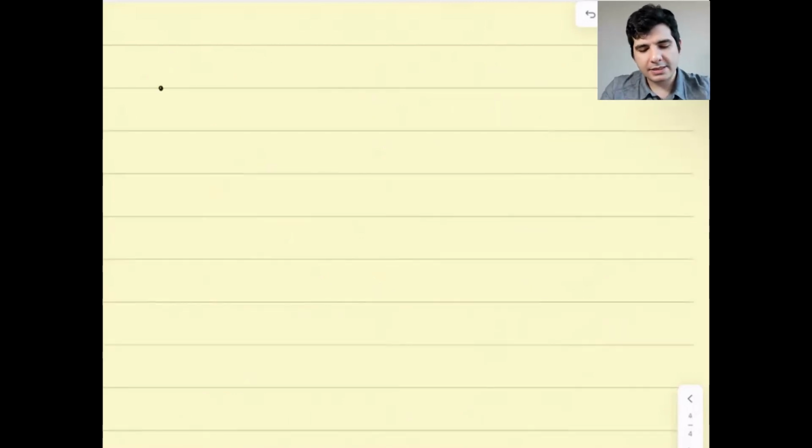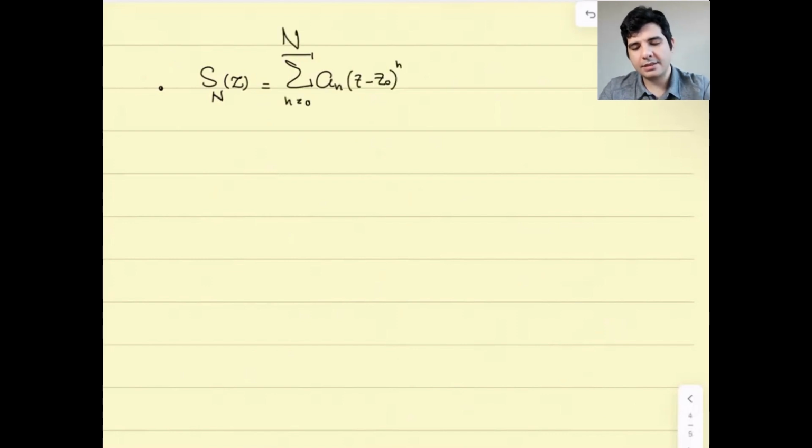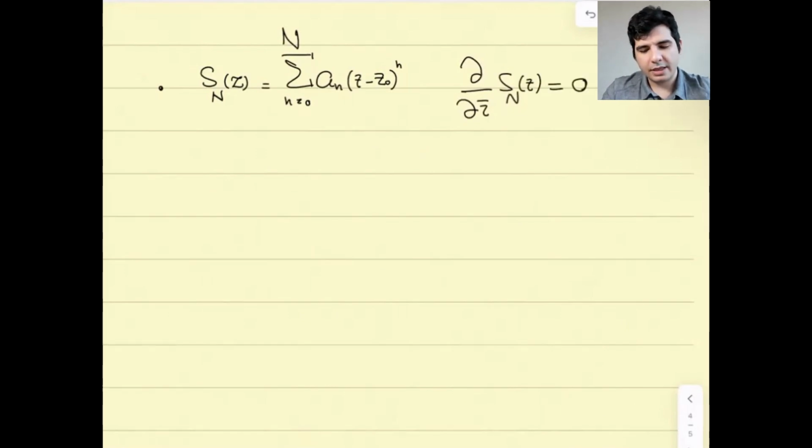Okay, so each S n is a polynomial. So each S n of z, which is the sum of these terms that describe f up to some n, is holomorphic, so the derivative of S n of z with respect to z bar is equal to 0, right?